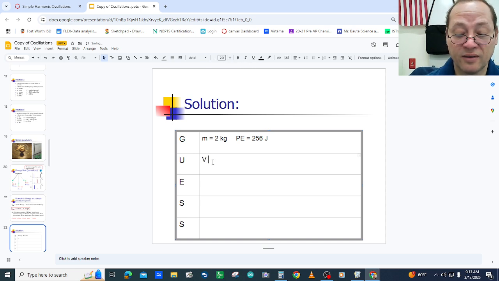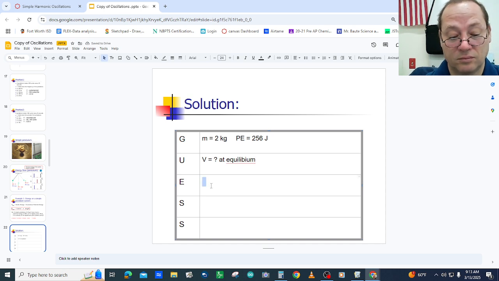We need to find the velocity at equilibrium. How? Well, let's put it the other way. Potential energy equals kinetic energy. Potential energy at point 1 equals kinetic energy at point 2, if you want to put it that way.